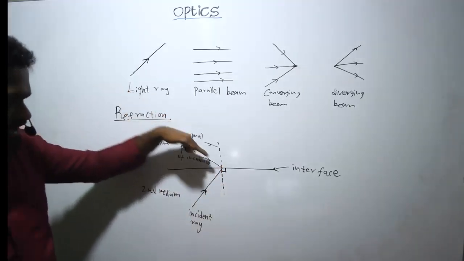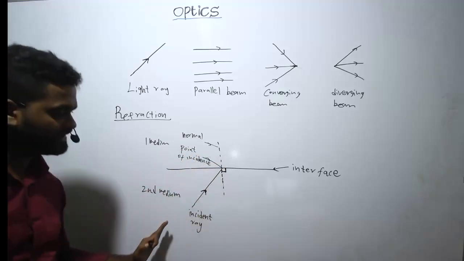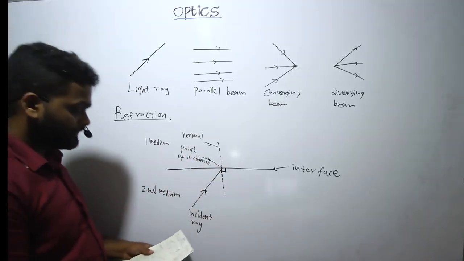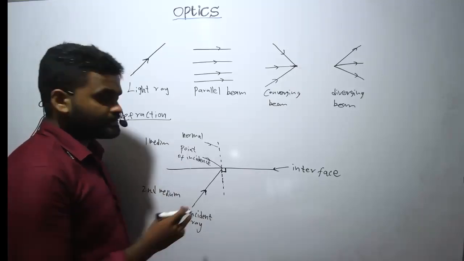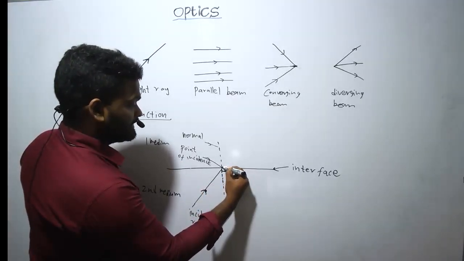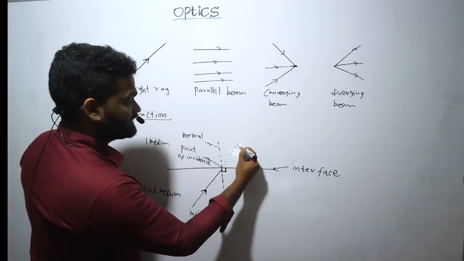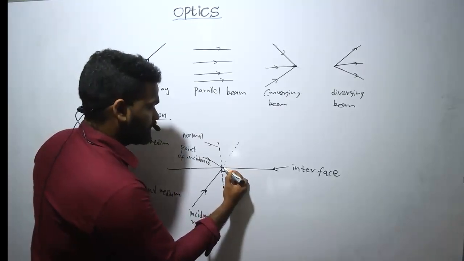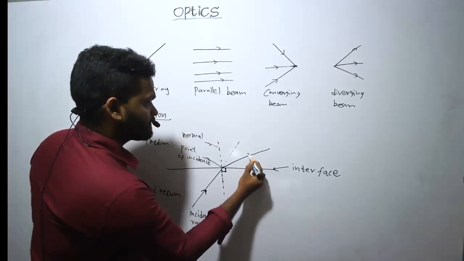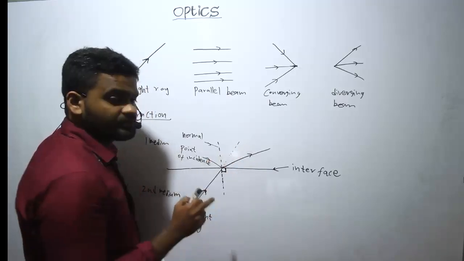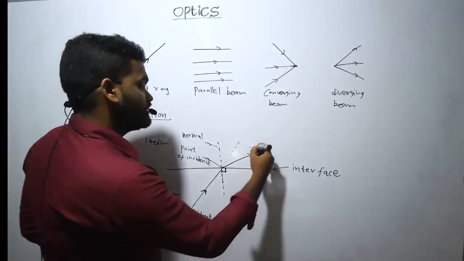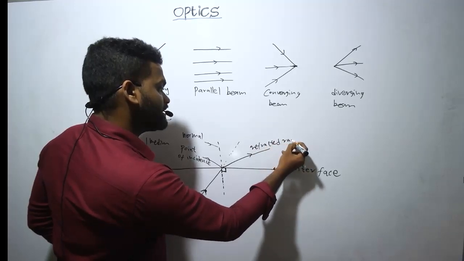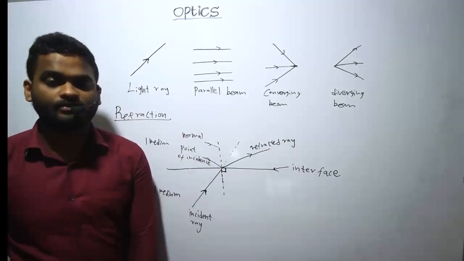Through the first medium it can be incident like this. Then the direction it has to move is like this, but it changes direction like this. This is what we call refraction. This ray is called the refracted ray.